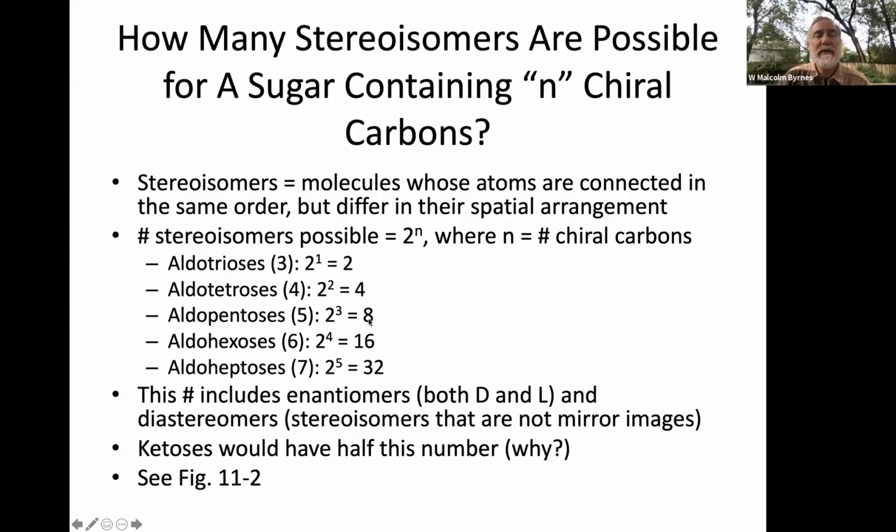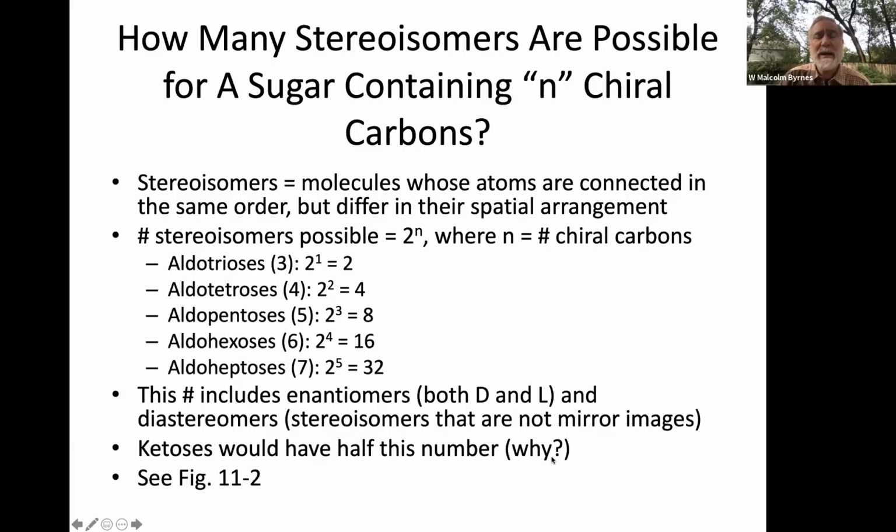Aldopentoses can have 8, aldohexoses 16, and aldoheptoses 32. Now, this number includes enantiomers, both D and L, and diastereomers. These are stereoisomers that are not mirror images. And ketoses would have half this number.